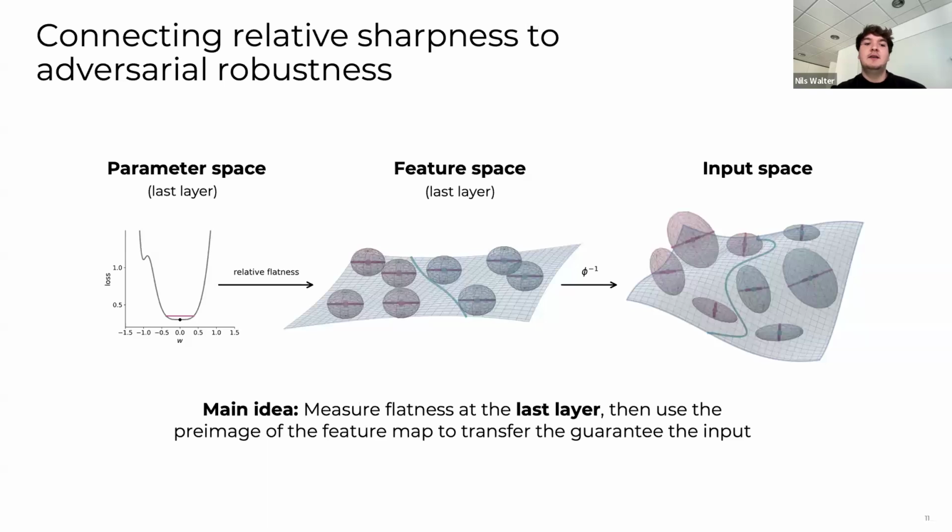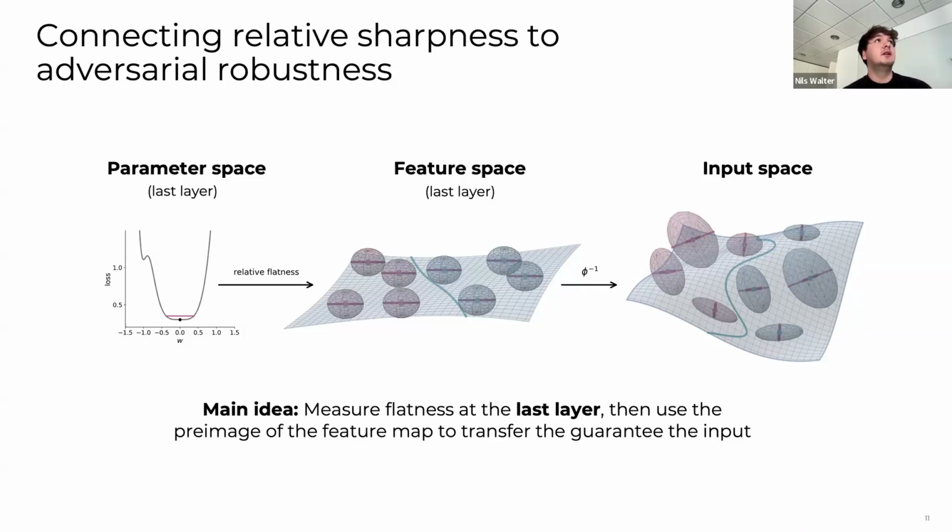Okay, then for the rest of the talk, let's say we have only considered samples where the loss is less than ln 2, so where this definition holds. Then we can connect relative sharpness to adversarial robustness. The main idea is that we will measure the relative flatness in the very last layer, so the classifier.